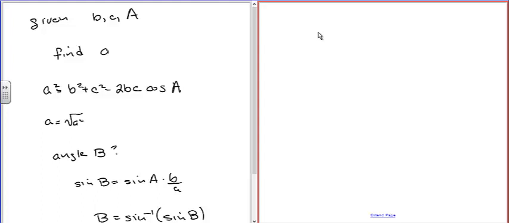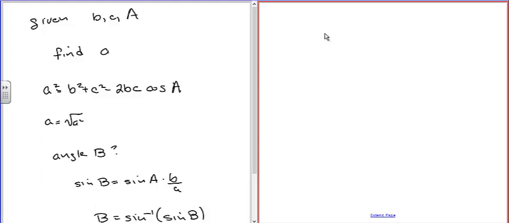Now, the application. Of course, I can't tell you what it is, but you actually have to use a little bit more than just the fact that you have a triangle, and you can use either law of sines or cosines.